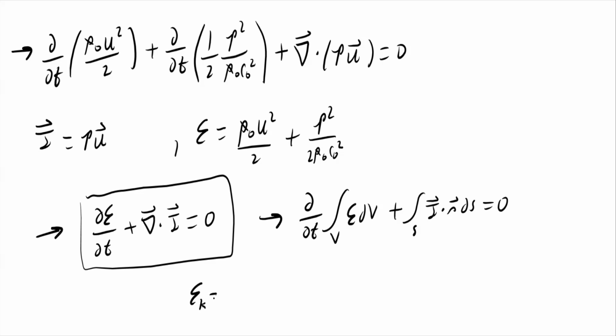I encourage you to watch the previous video on energy density to see how this was obtained. But for the kinetic component, you can see how this term resembles 1/2 mv squared. Of course, now we're in energy density, so you would divide by volume. So 1/2 rho u squared, which leaves the other term, p squared over 2 rho naught c naught squared, to be the potential energy density.